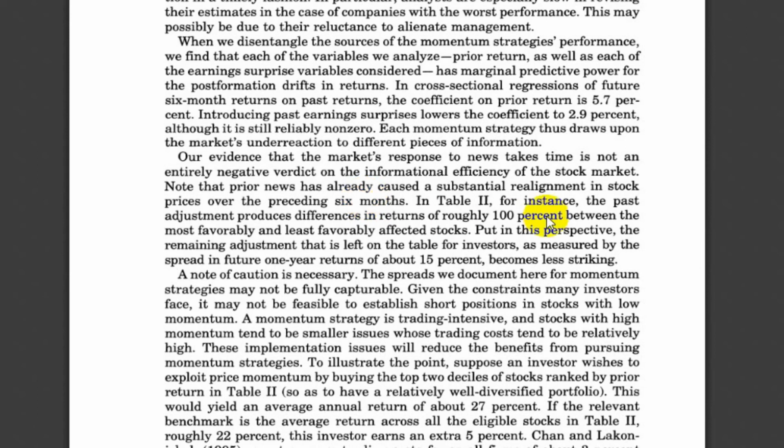For example, when looking at the past 6-month returns, the top portfolios exhibited 100% more return than the bottom portfolios. However, in the next 6 months, the difference is only a 15% spread. So a lot of the information was incorporated into the stock price before the portfolio was formed.